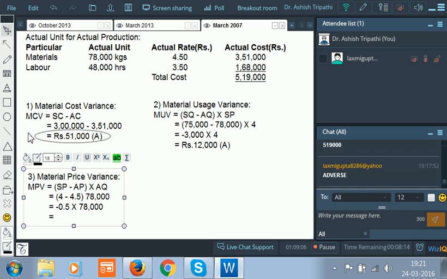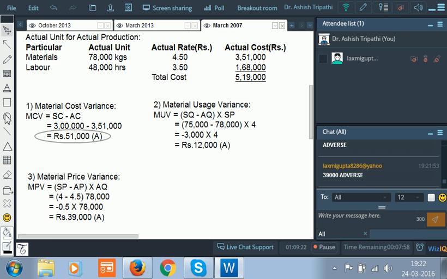So that will give you 78,000 into 0.5, 39,000 adverse. Very good. Rupees 39,000 adverse. Excellent.